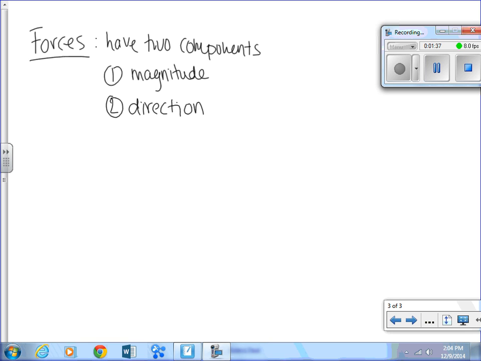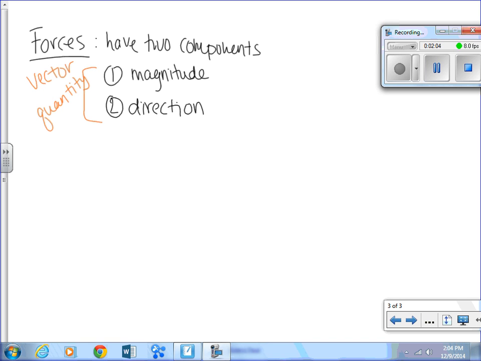Anything that has both magnitude and direction, we call a vector quantity. If we only consider the magnitude, the word for that is a scalar quantity, but that's more of physics.